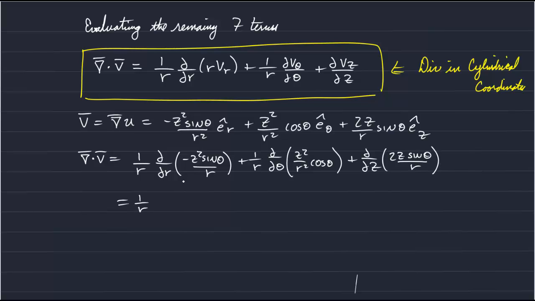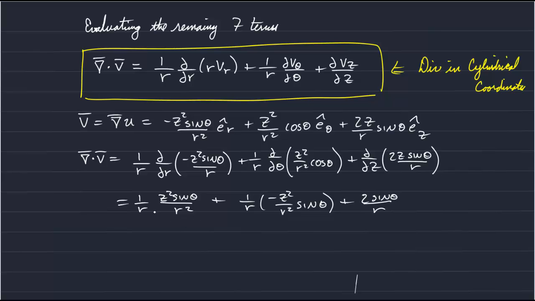And this is 1 over r. The partial derivative of this with respect to r is z squared sine theta over r squared, plus 1 over r times the partial derivative of this with respect to theta, which is minus z squared over r squared sine theta. And then we have the partial derivative of this with respect to z, which is just 2 sine theta over r.